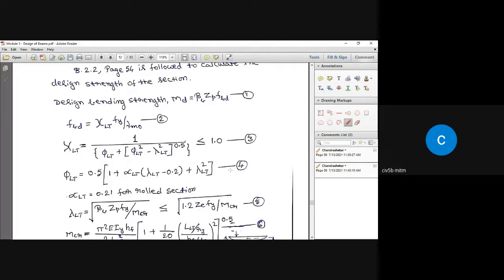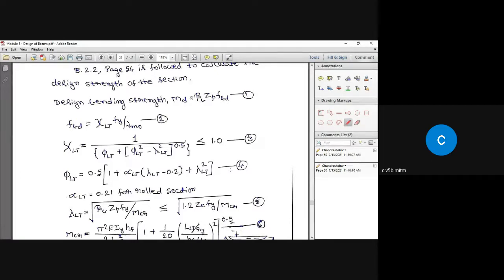So that is the way you are going to find out FBD. Here Fy is known, that is 250, and gamma MO is known, that is 1.10. The only thing we don't know is chi LT, that is the bending stress reduction factor.